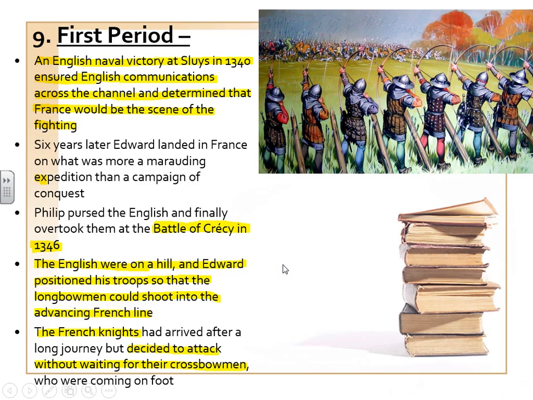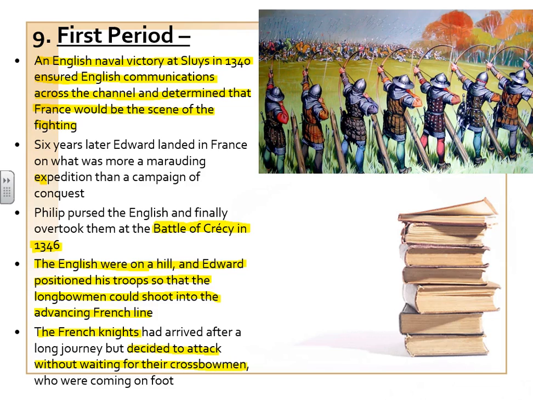So when we look at the first part of fighting the 100 Years' War, one battle that is very significant is the Battle of Crécy, 1346. This is where the two armies meet, and this is a French town.